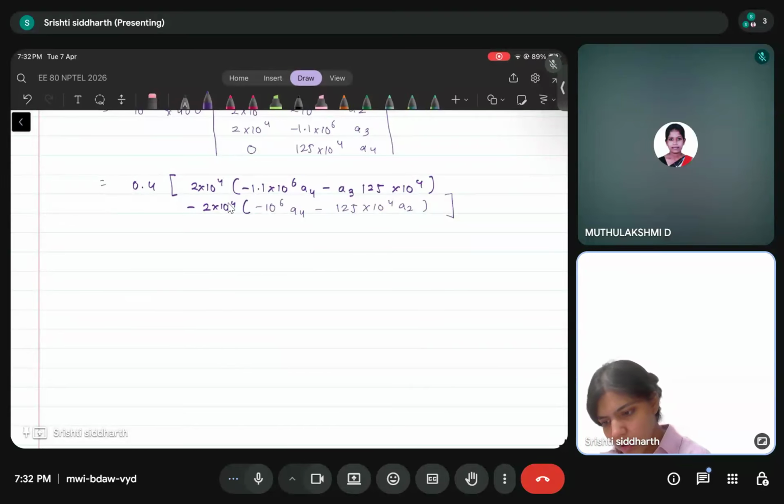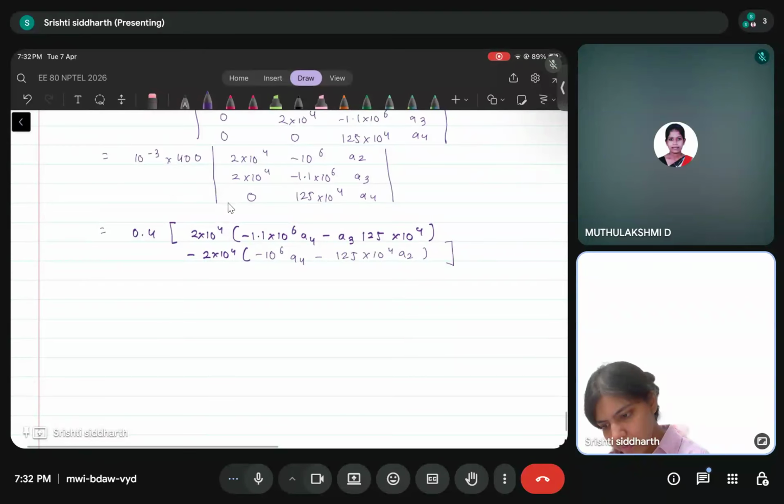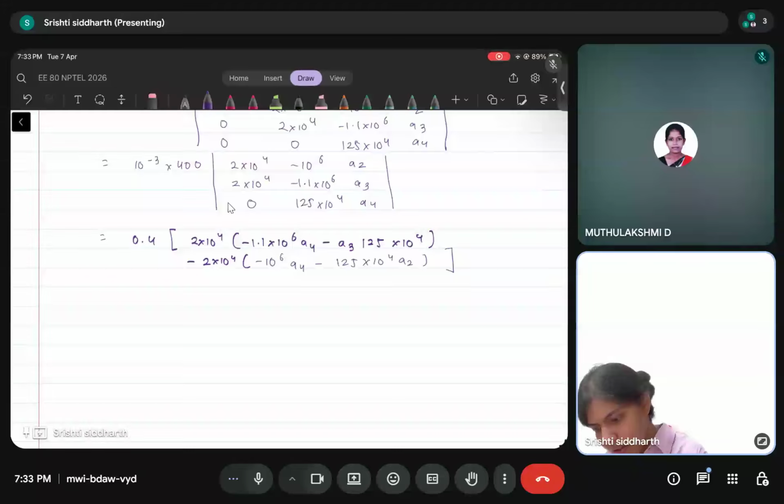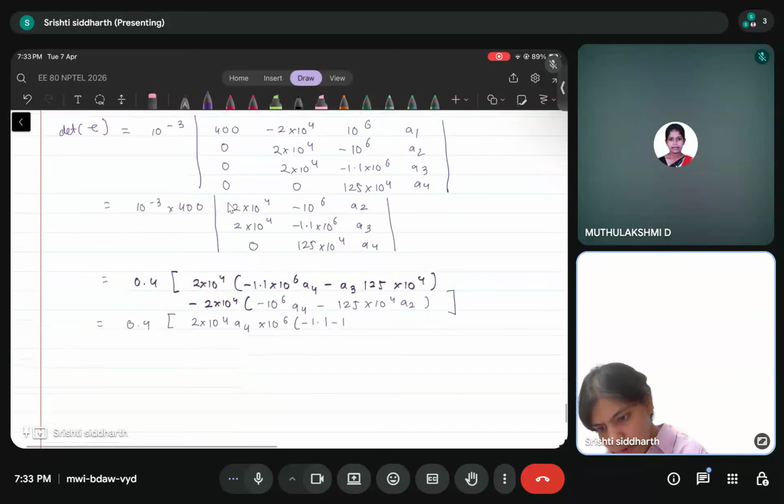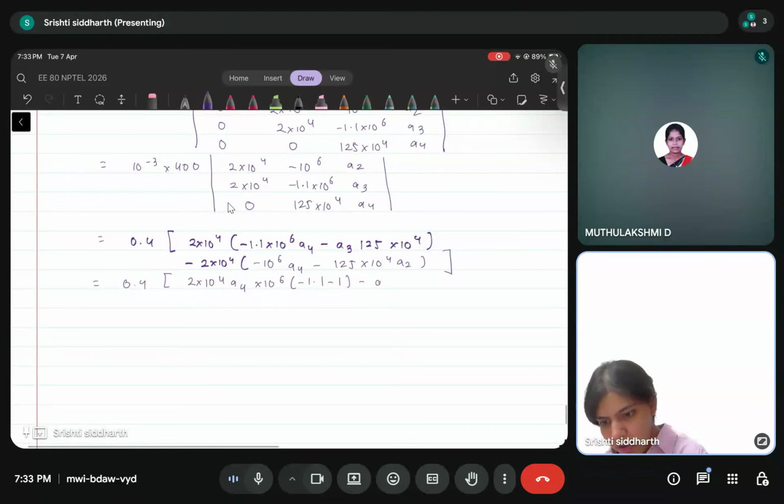Okay, so let's see if we can collect some terms. This is A4 into 10 to the power 6, and then we have minus 1.1 and minus 1. And minus A3 into 125 into 10 to the power 4, and minus 125 A2.